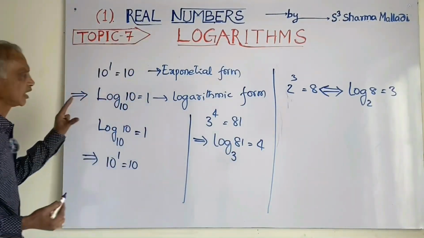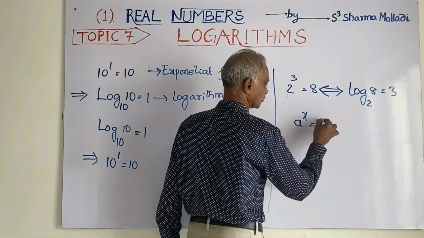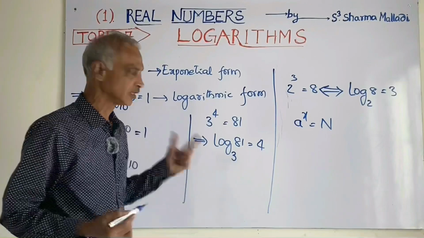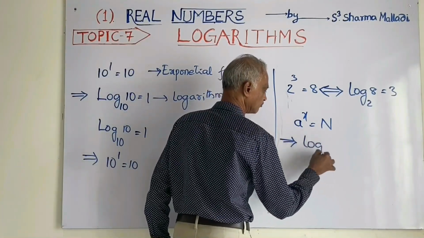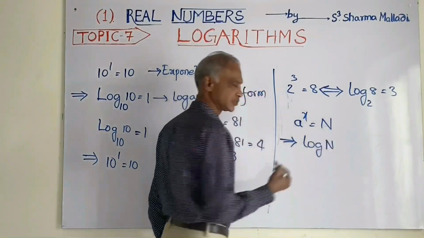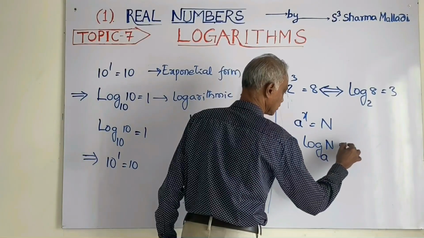And I will write the definition. A to the power of x is equal to n. In logarithmic form, it can be written as log of n, this is argument, to the base a, is equal to x.